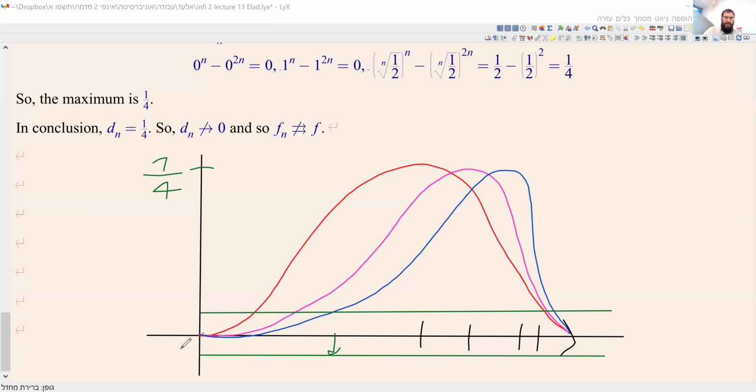So if you take an epsilon strip of, let's write down, 0.1, all the functions burst out from our strip just to get to their maximum value of a quarter. They get back into the strip, but it doesn't matter. When you get out, the convergence is not a uniform convergence. Let's copy and paste that and give you some time to ask questions.